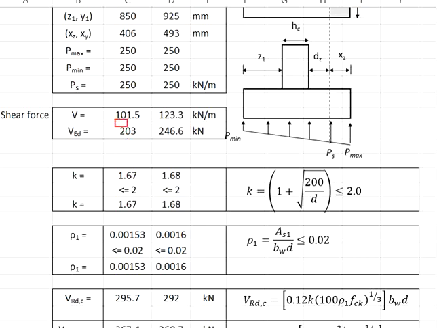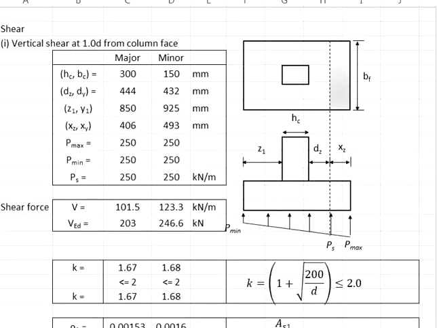You get the shear force equals to 203 kilonewton. This will be the shear force taken by this plane. As for the minor axis, we are looking at this plane, and the respective area it will be here. Multiply the uniform stress, you get your VED.